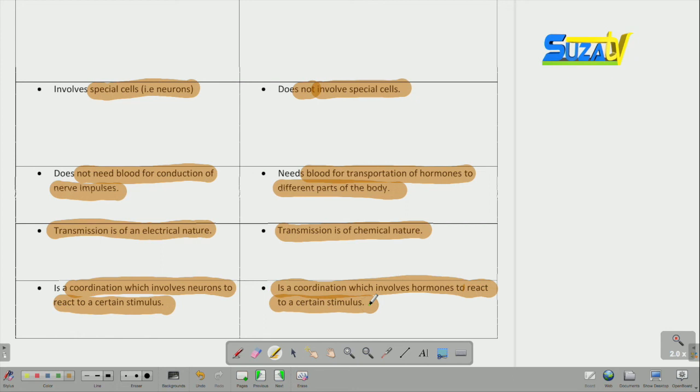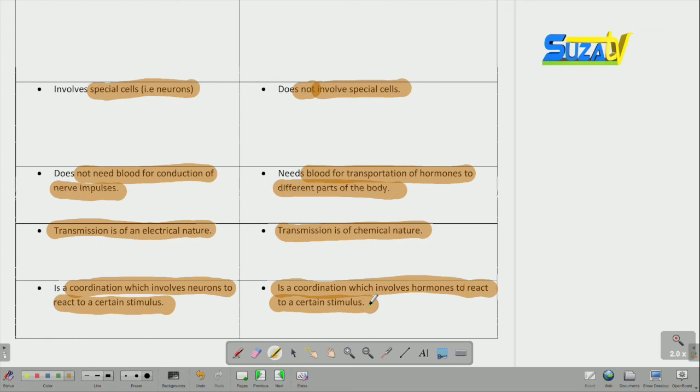For instance, in nervous coordination, there is a quick response. If a person burns his hand, the neurons pass the information quickly to the brain, and a message is sent out for the hand to be removed. But for instance, during fighting or intense excitation, adrenaline is produced.